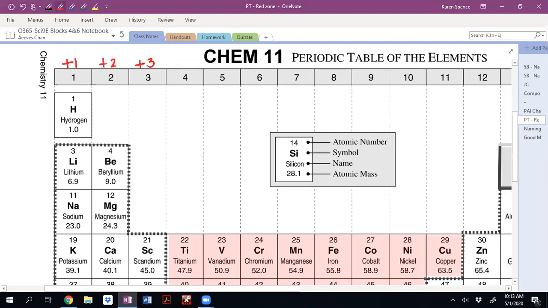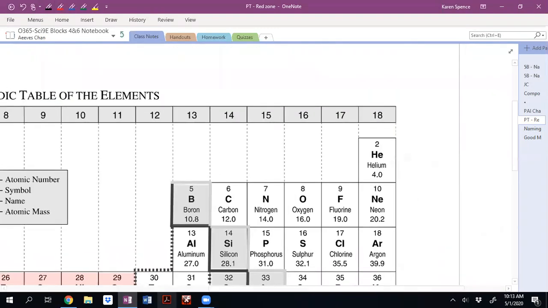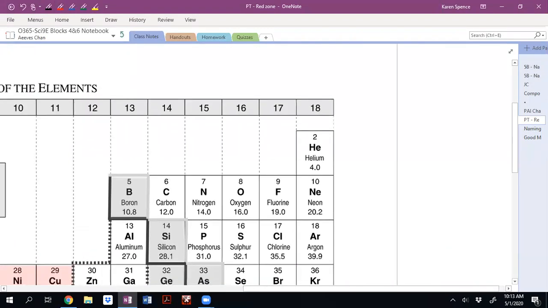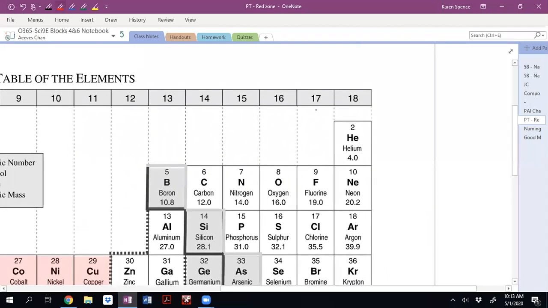Over on the right-hand side of the periodic table, we do virtually the same thing, but we start at group number 17. Group number 17 is -1, because it's lacking 1 electron, so it'll gain an electron to get that full shell. Group number 16 is -2, and group number 15 is -3. So again, it's as easy as 1, 2, 3.